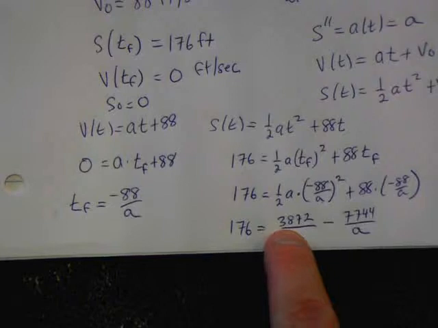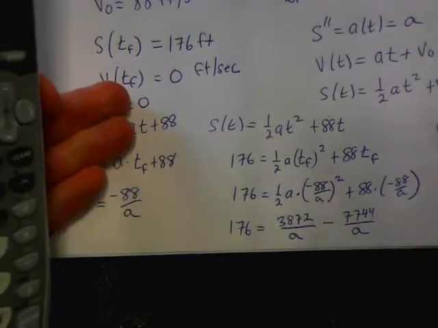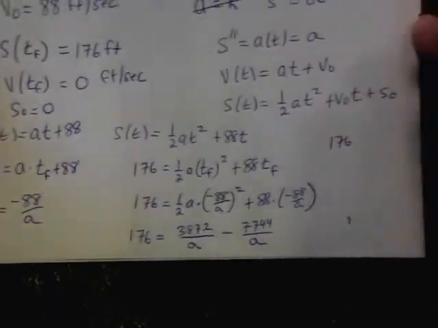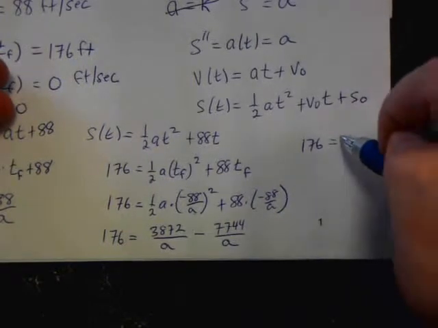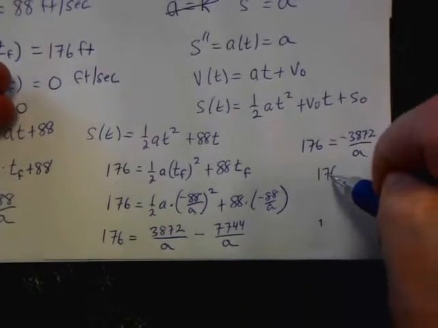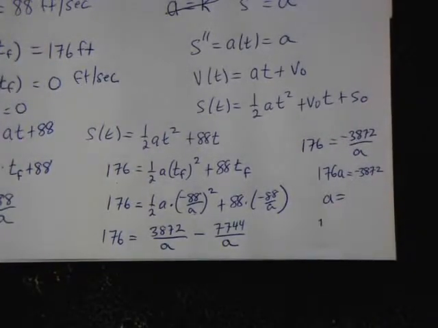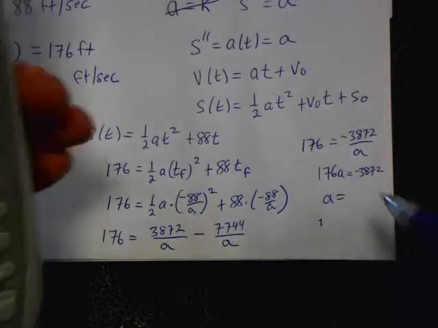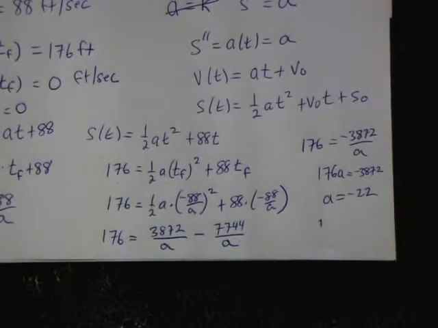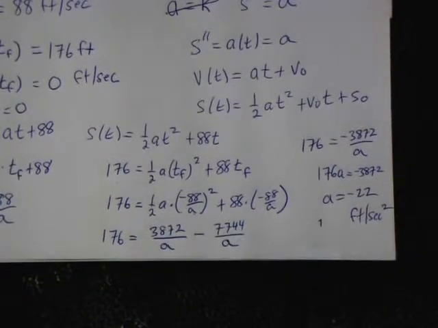Combine those. What's 3872 minus 7744? Minus 3872. So we have 176 equals minus 3872 over a. Cross multiply, 176a is negative 3872. So a is negative 3872 divided by 176. Negative 22 feet per second squared. So the brakes are applying a deceleration force of negative 22 feet per second squared.